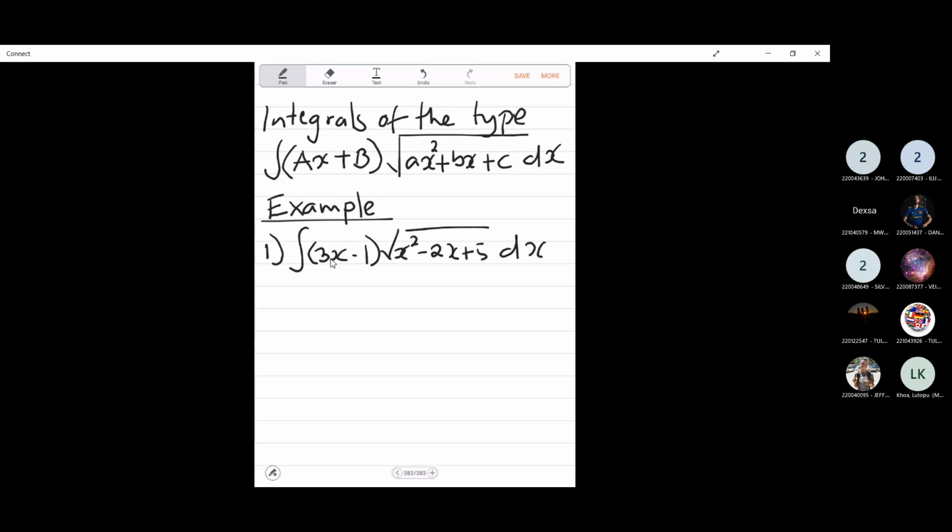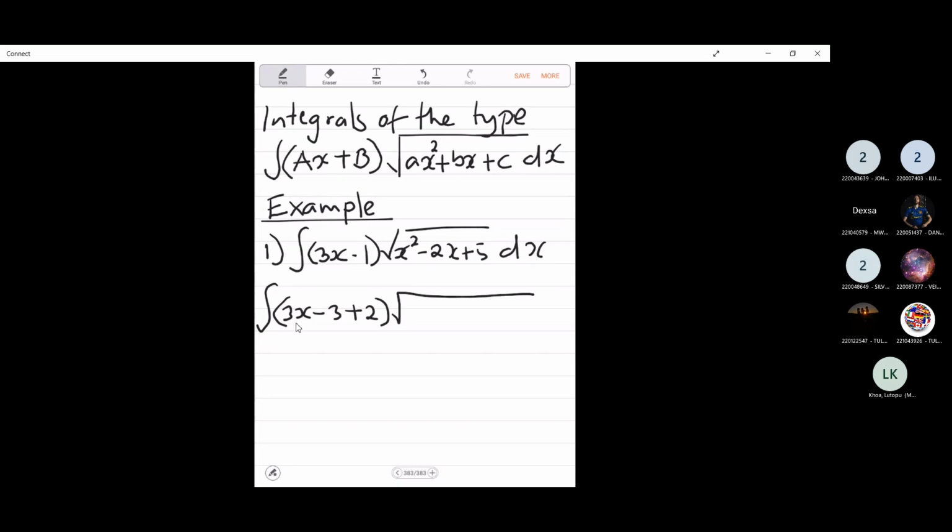So we rewrite 3x minus 1 as 3x minus 3 plus 2. Where is the 3 coming from? I have minus 1 here, and I can write it like this because I want this number and that one to be the same, so that it's easier for me to write the derivative.